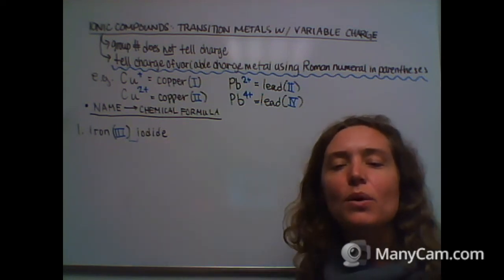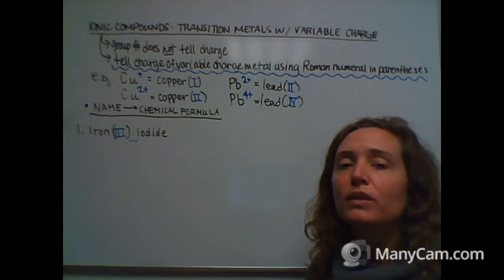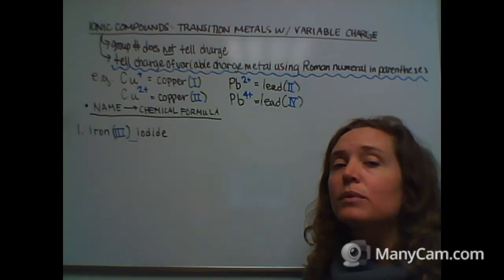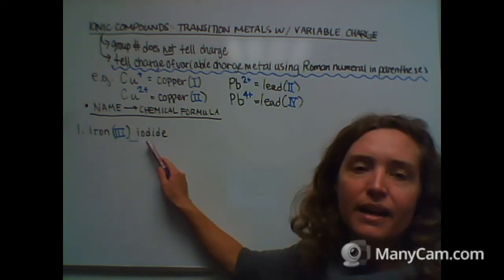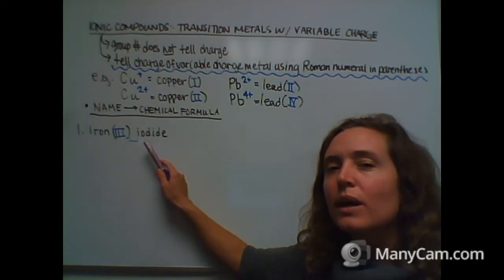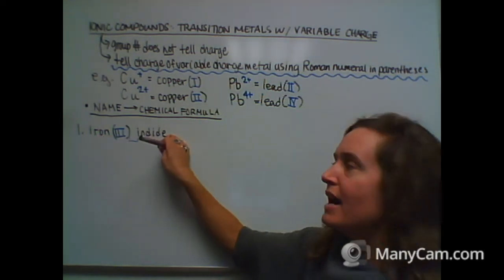And by the way, I don't know if I mentioned last video, but the way that we always write the name for an ionic compound, we always put the cation first and then the anion. You might have noticed that that's what I was doing, but I don't know if I explicitly said that. It's always cation first, then anion.